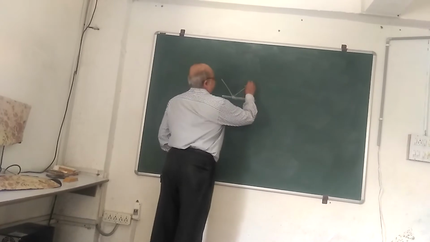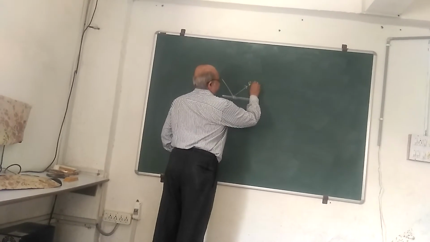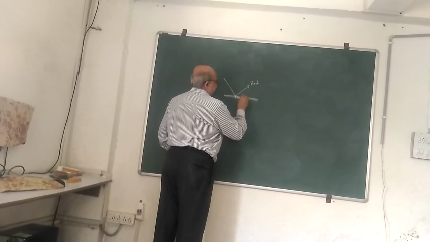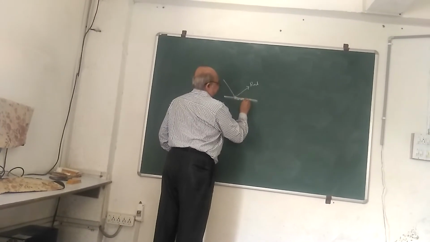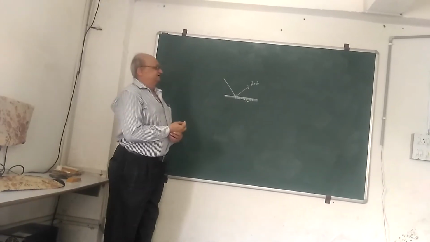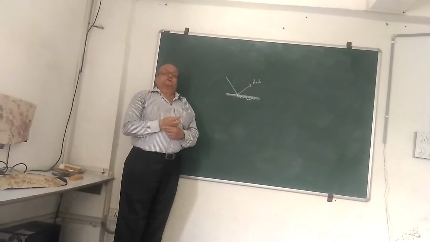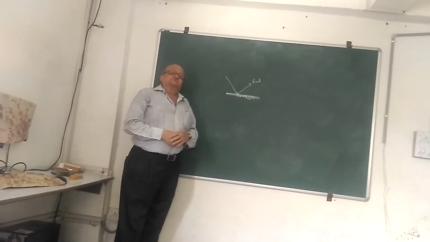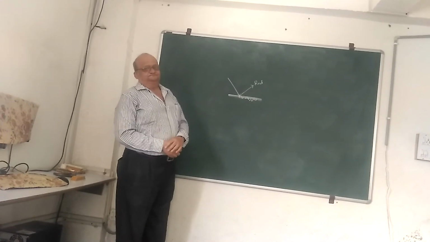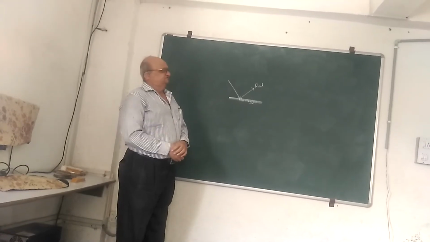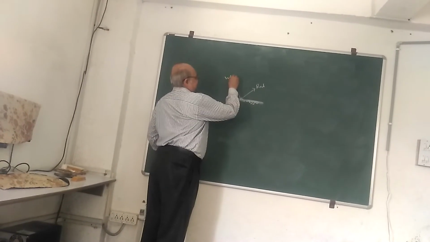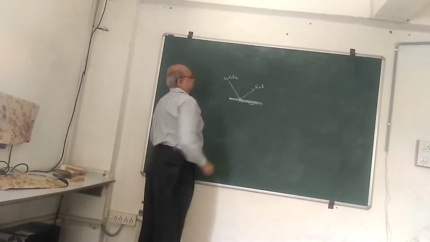Suppose only red light is reflected and all the other 6 colors, violet, indigo, blue, green, yellow and orange, are absorbed, then the object will appear to be red color when white light is made incident on it.